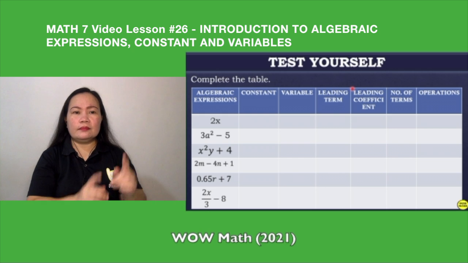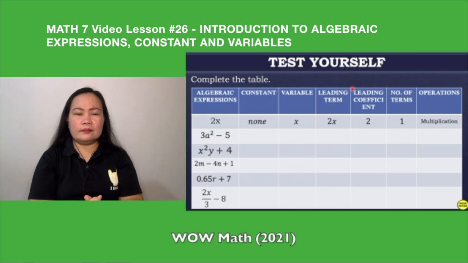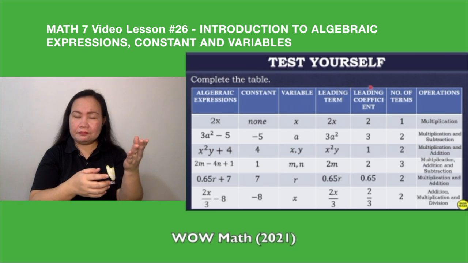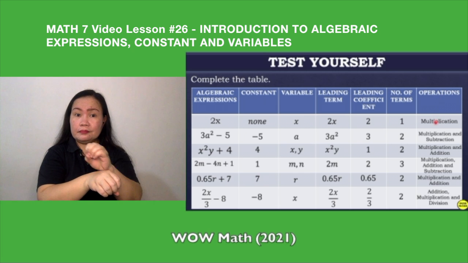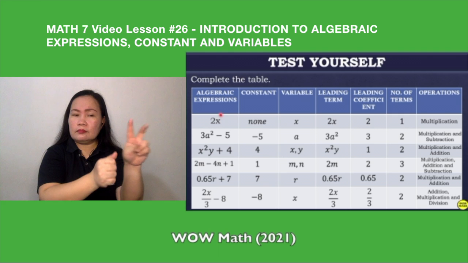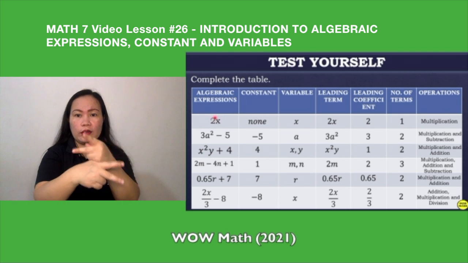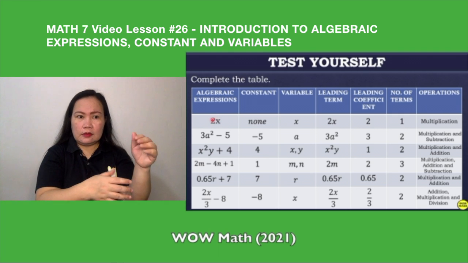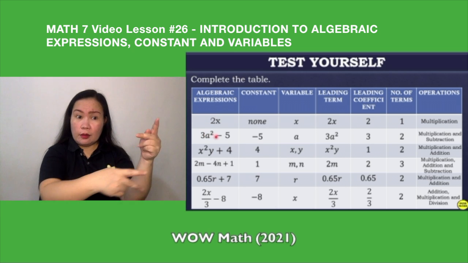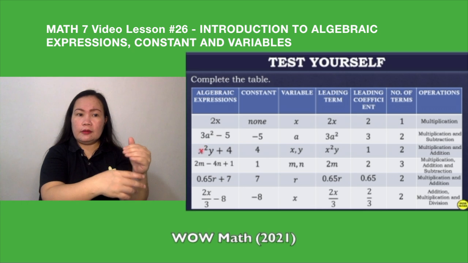Okay, so here's the answer. Let me just explain this operation. Pag sinabi nating operation, ano yung operation na makikita mo dito? Okay, since magkatabi sila, that means multiplication. Eto multiplication, may multiplication ka and subtraction. Dito, meron ka ring multiplication.